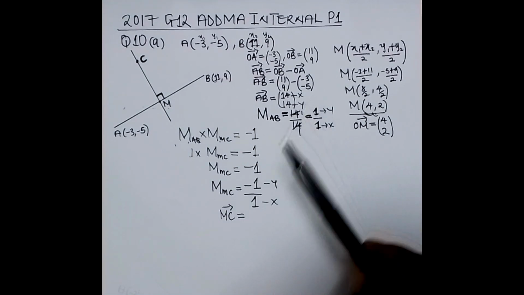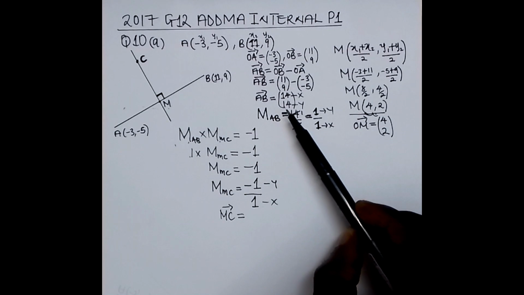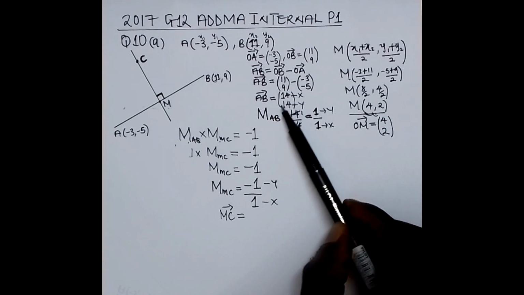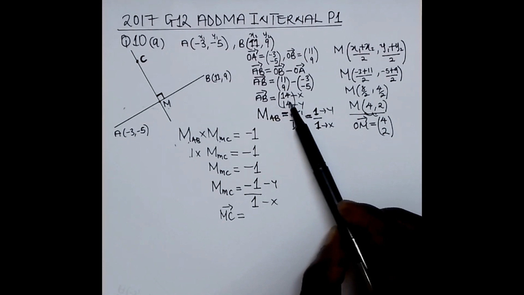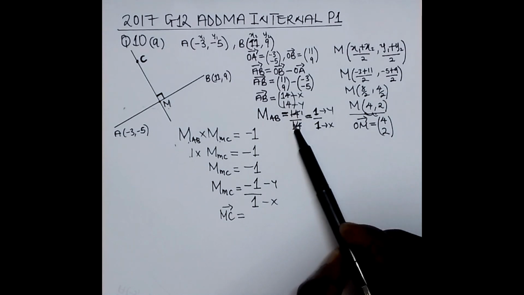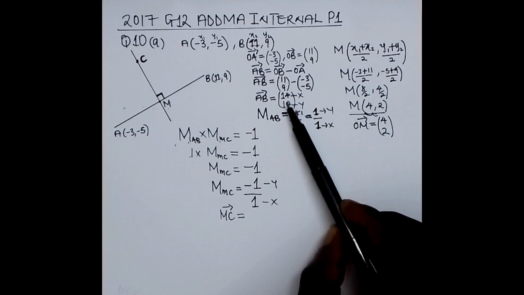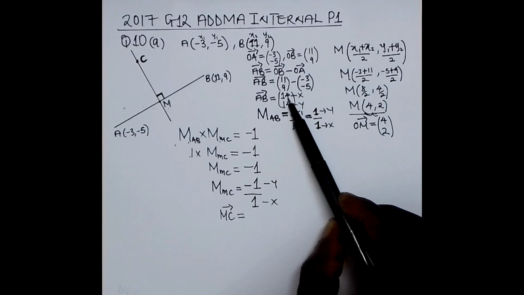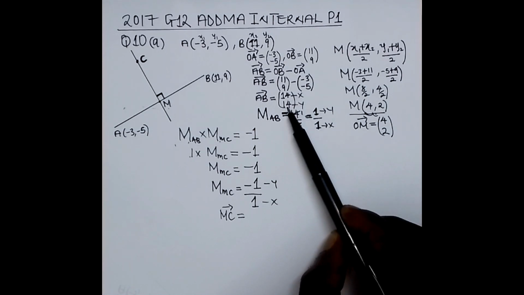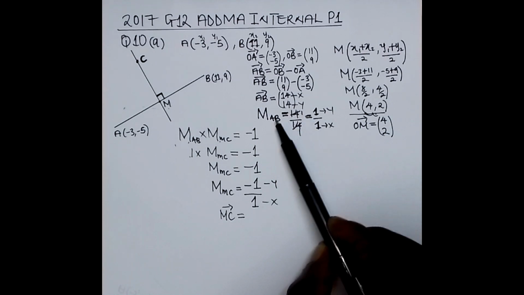Now I just want to take, before I write this one, I just want to take you back to how I did the change from direction vector to gradient. So if you've seen here, AB is equal to, we found 14 and 14 here. So meaning the x component is 14, the y component is 14.